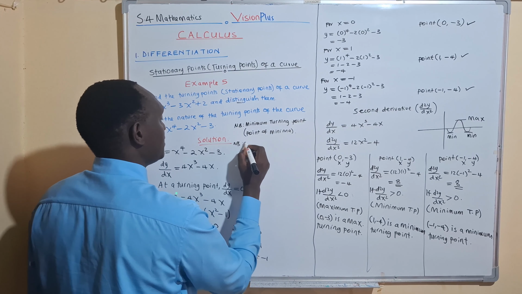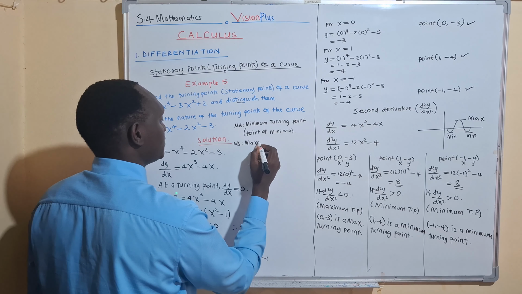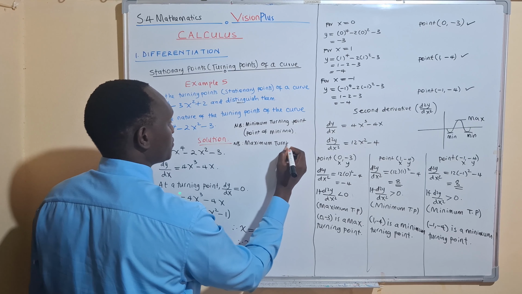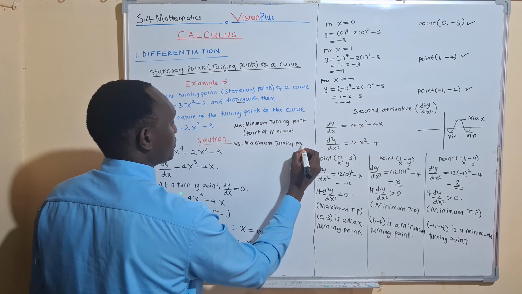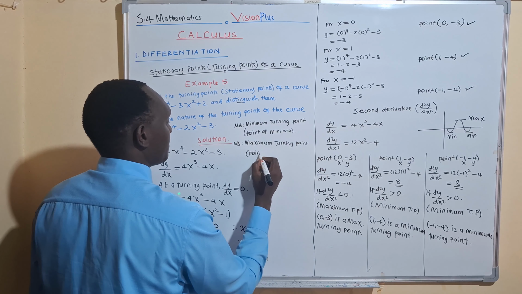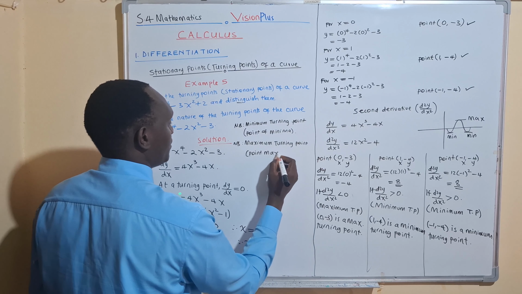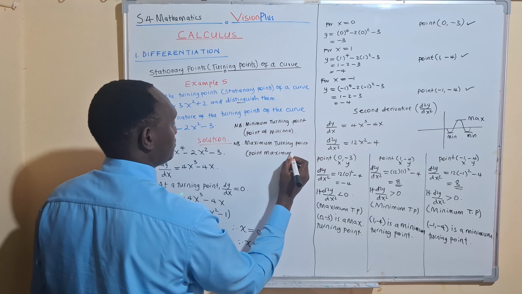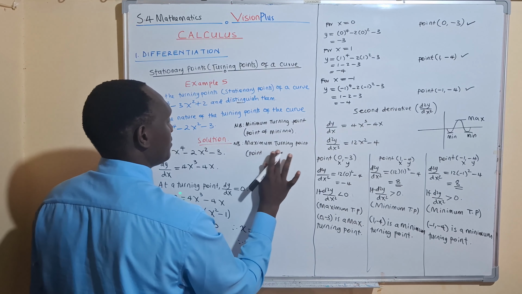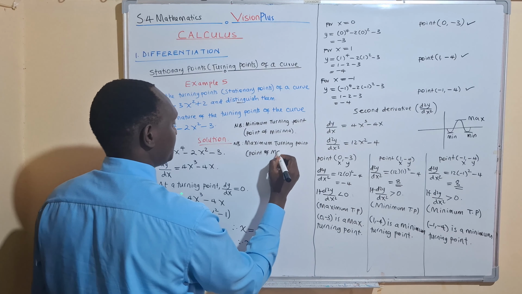Then the maximum turning point is also called the point of maxima.